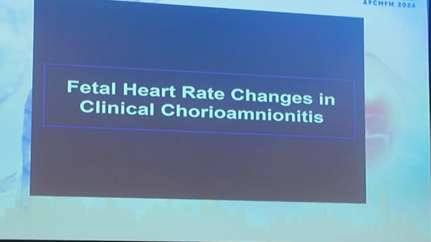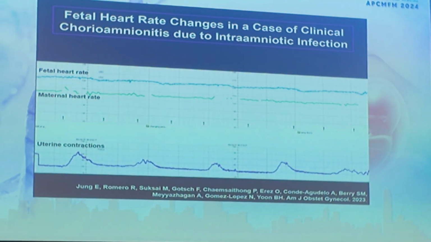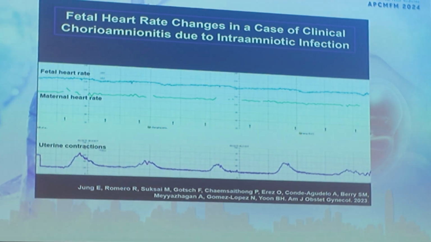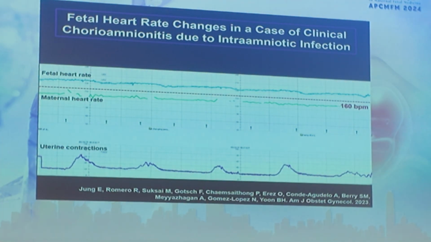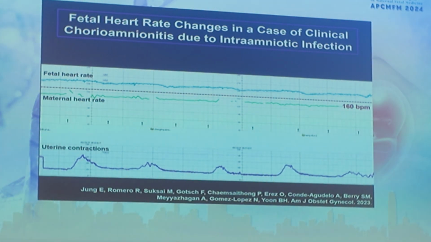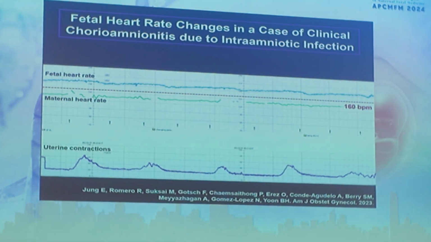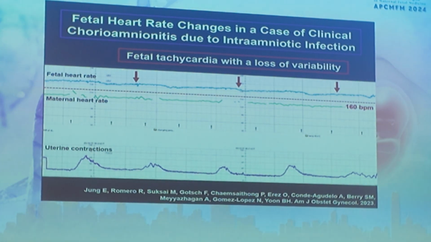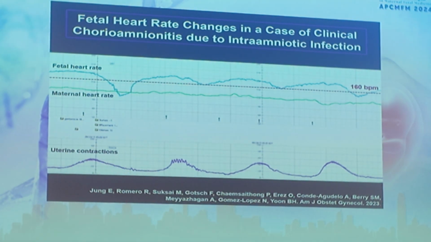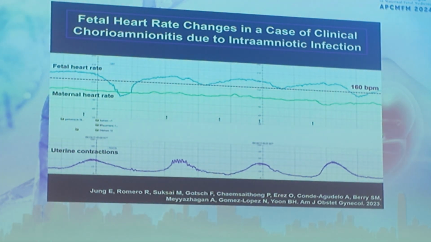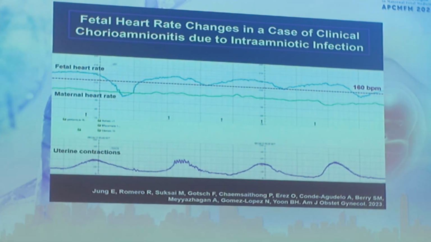What are the fetal heart rate changes in clinical chorioamnionitis? The most common is the presence of a fetal tachycardia. Here you can see 160, the fetal heart rate is above 180. Clearly, fetal tachycardia with loss of variability. In addition, clinical chorioamnionitis may be associated with repeated late decelerations.